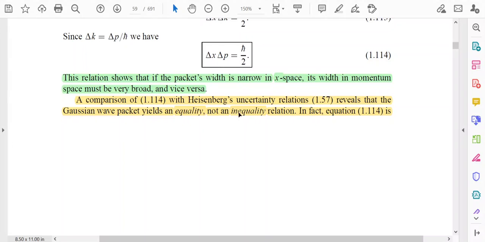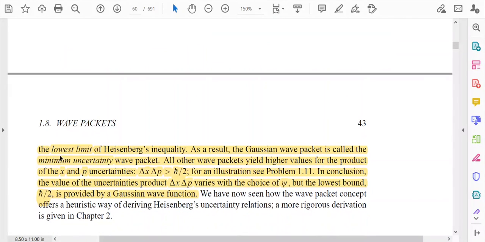There is an equality sign here, not an inequality relation as proposed in Heisenberg's uncertainty principle. In fact, this equation is the lowest limit of Heisenberg's inequality. If we consider the packet is Gaussian in nature, then we will obtain the minimum uncertainty wave packet.